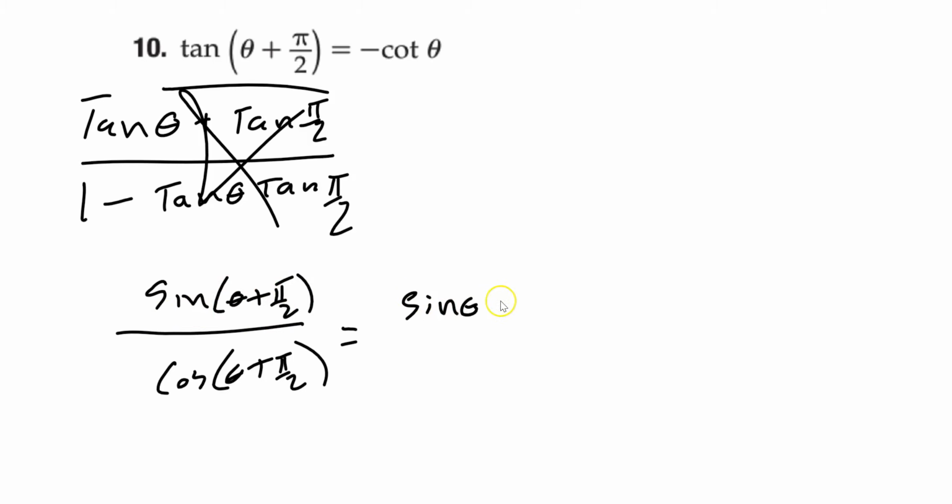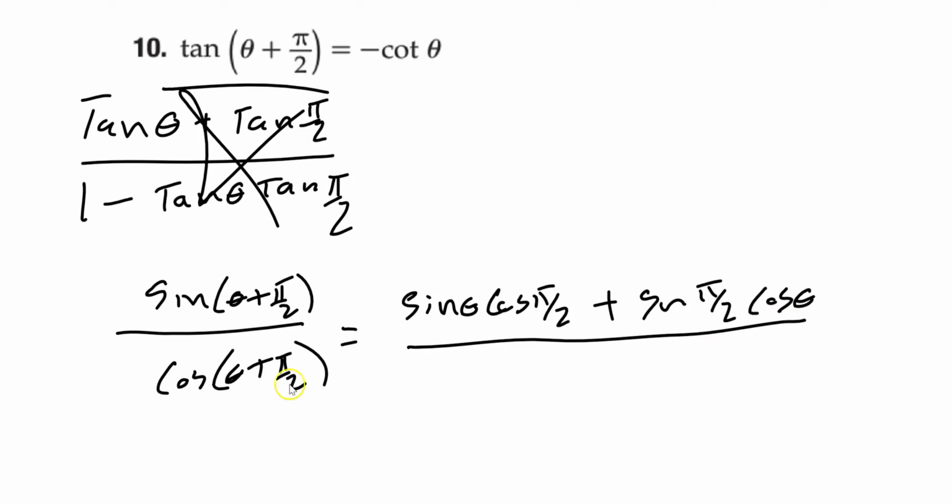So sine theta cosine pi over 2, keep the sign, sine pi over 2 cosine theta. On the bottom, cosine is cosine cosine, so cosine theta cosine pi over 2, switch the operation, then sine theta sine pi over 2.